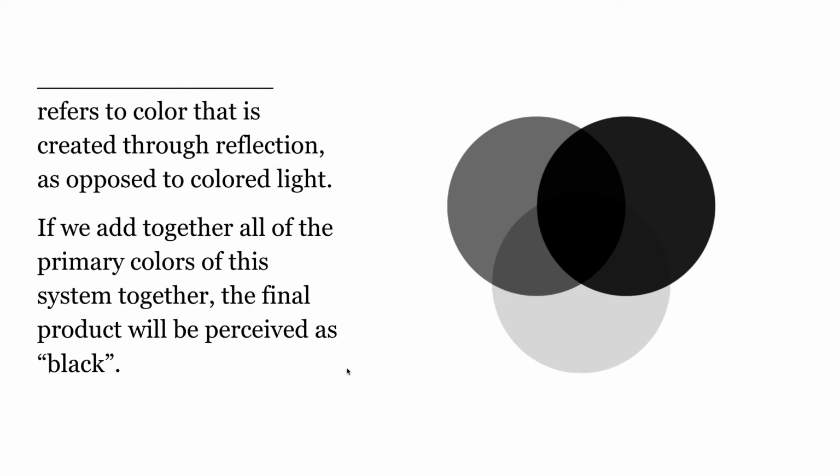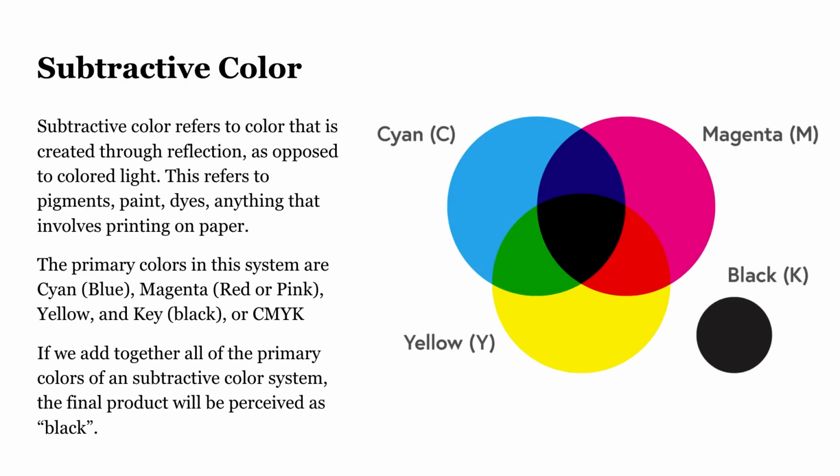So choices for this one would be an additive color system or a subtractive color system. Just giving those 2 choices because one of those is the answer. It is subtractive. So subtractive is like absorbing light.